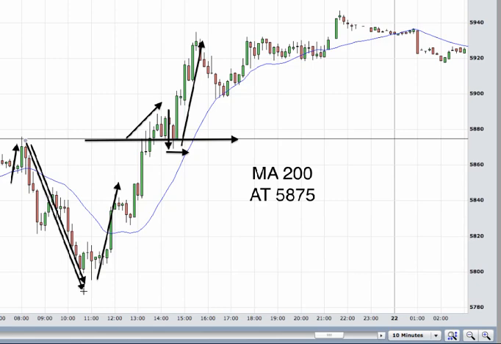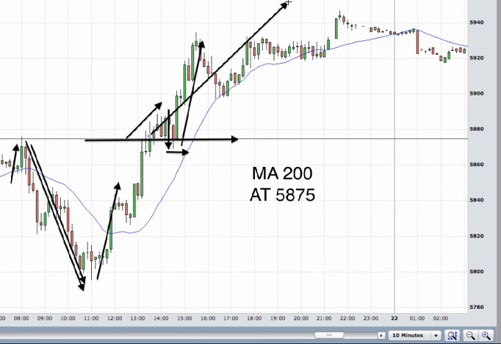So you add 75 points onto 5875, you get 5950. And the market did rise, and it actually did take out, I think the high was 5967. I think it was on Friday, and then it fell back down to 5900. So it quite easily hit that 5950 target.